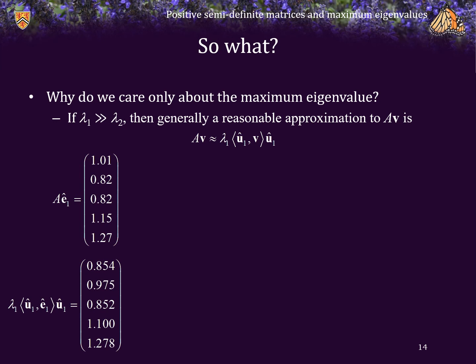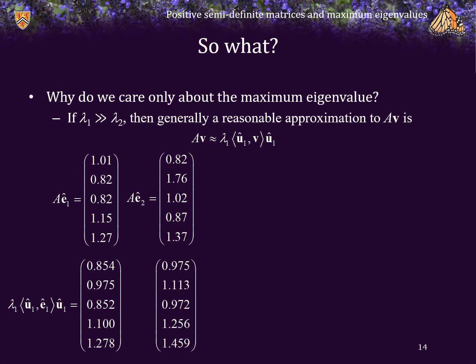1.278 is the fifth entry. 1.27 is the fifth entry of the actual matrix vector multiplication. The other values, similarly, are reasonably close. If I multiply A by the second canonical basis vector, I get this vector here, and lambda1 times the projection of that second canonical basis vector onto the eigenvector is once again this vector here.